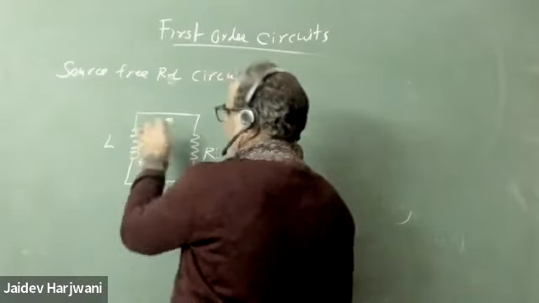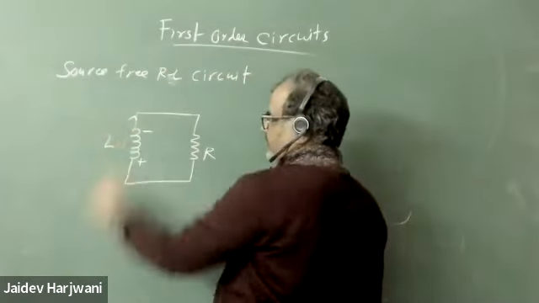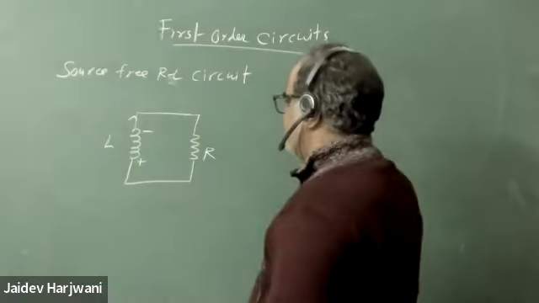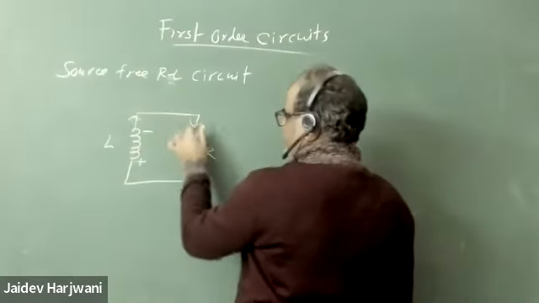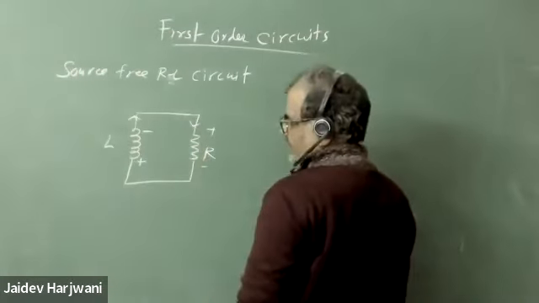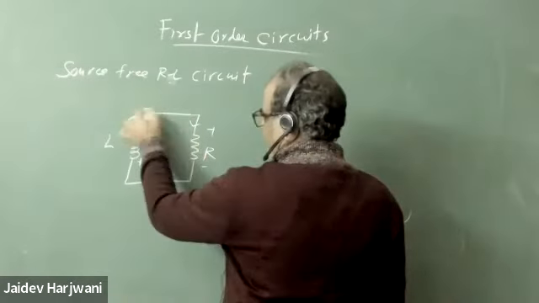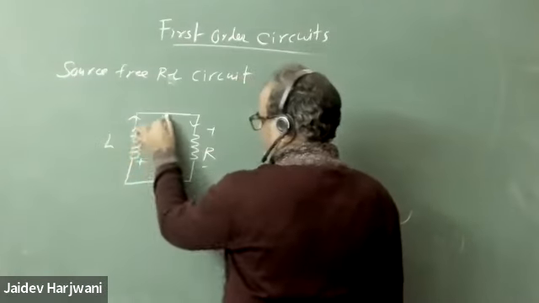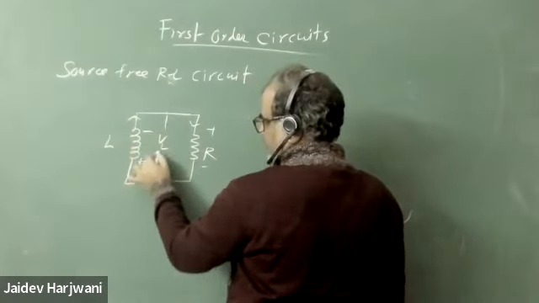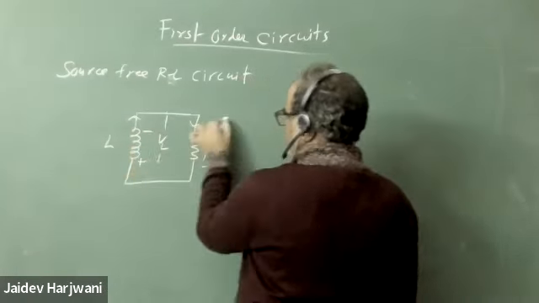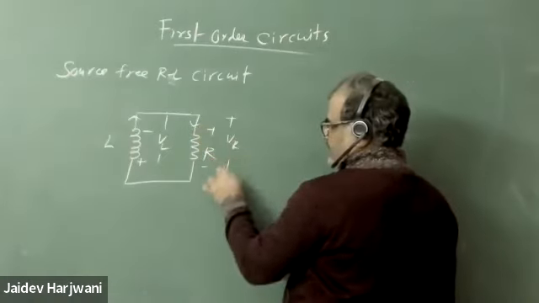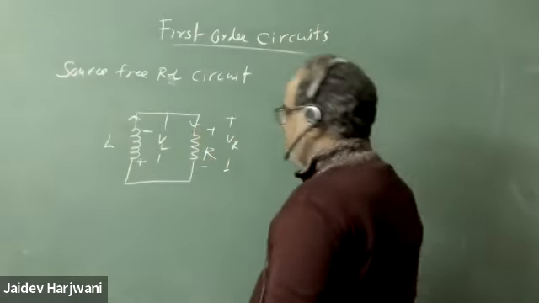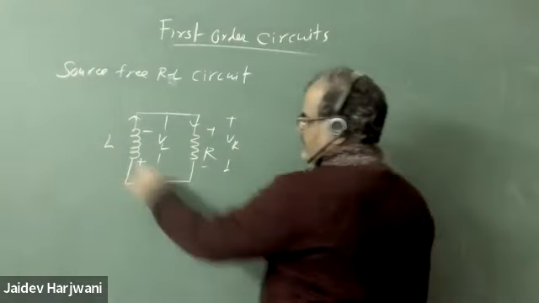If you remove the source, the current will flow like this, through R. If I apply KVL in this loop, suppose this is VL across this one, and this is VR.